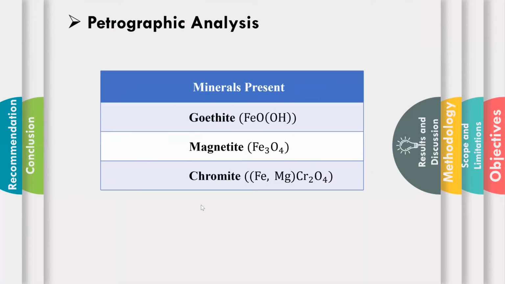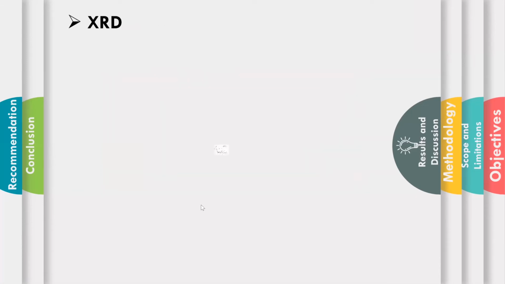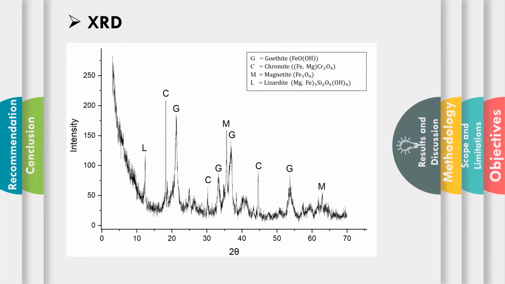So first, we have petrographic analysis of the sample that shows the presence of goethite, magnetite, and chromite. Presence of goethite indicates that the sample is a nickel-bearing mineral. Second is the XRD result.